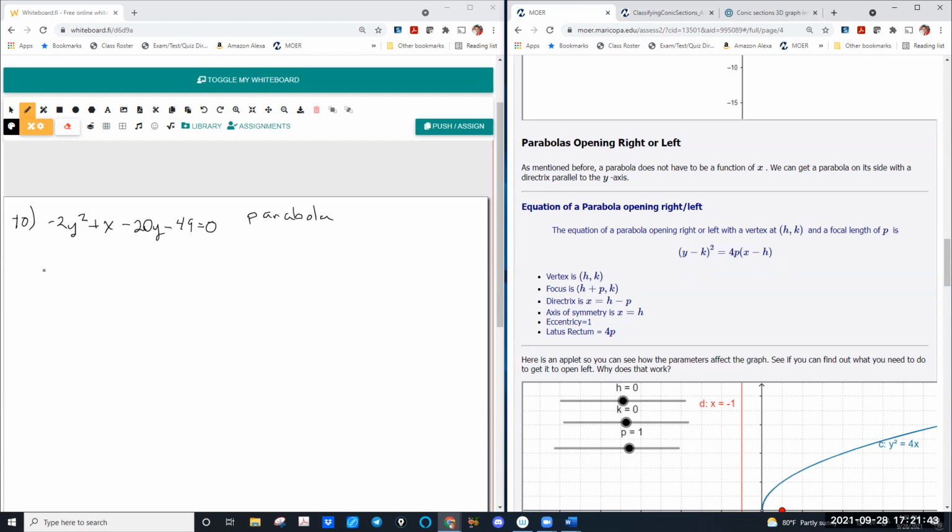We're going to leave the y terms on one side: minus 2y squared minus 20y. Then I'm going to move everything else over to the other side, because I'm going to do completing the square on this. That equals -x plus 49.